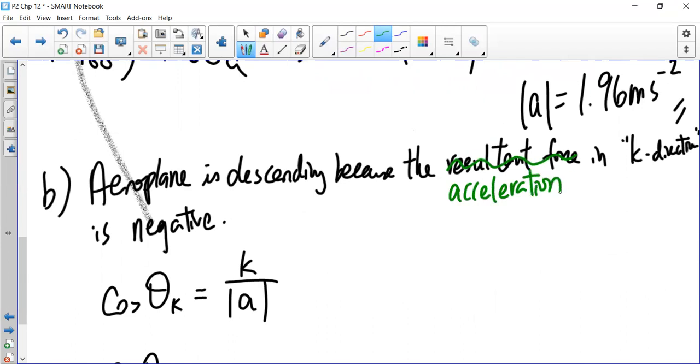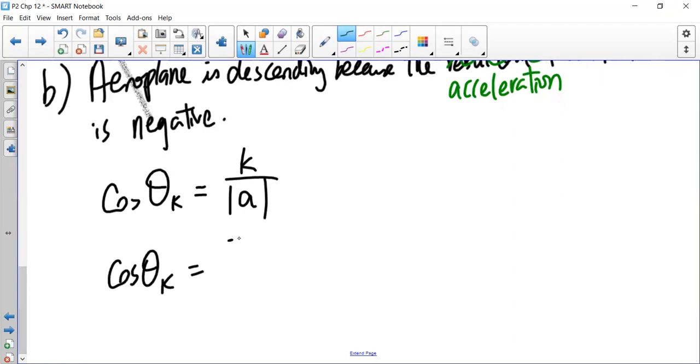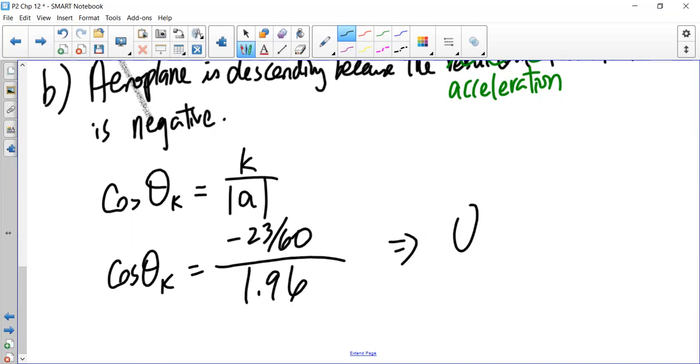It's the acceleration that matters, because it's not a force. So anyway, the k value is negative 23/60 over the magnitude of a, which is 1.96. So theta k is roughly 101.3 degrees.